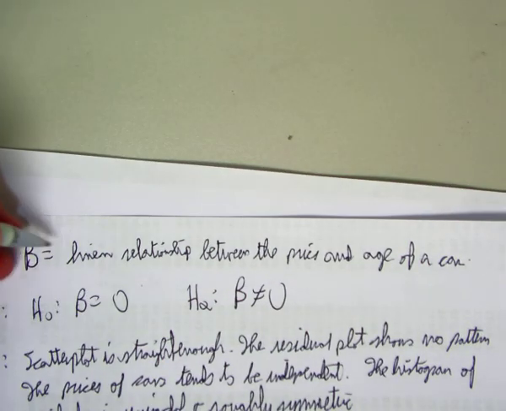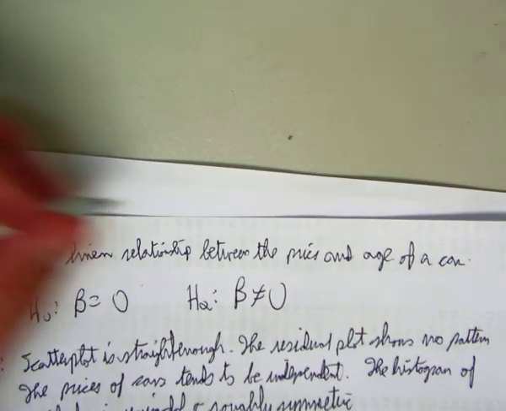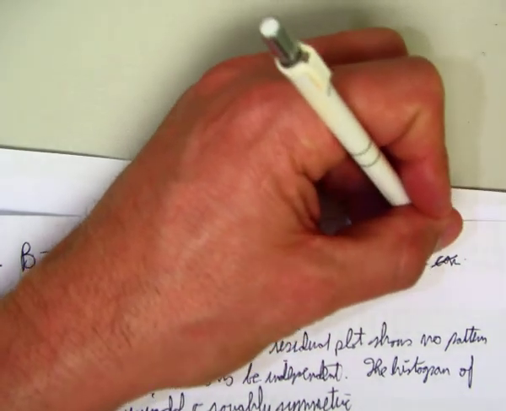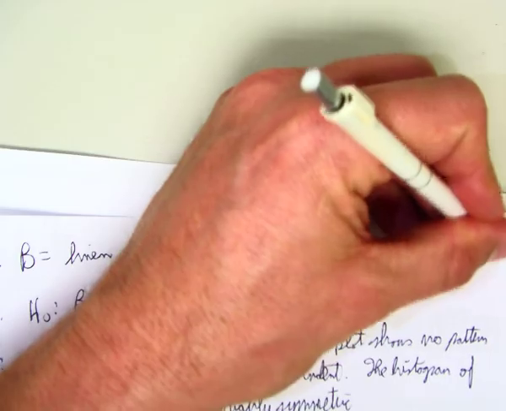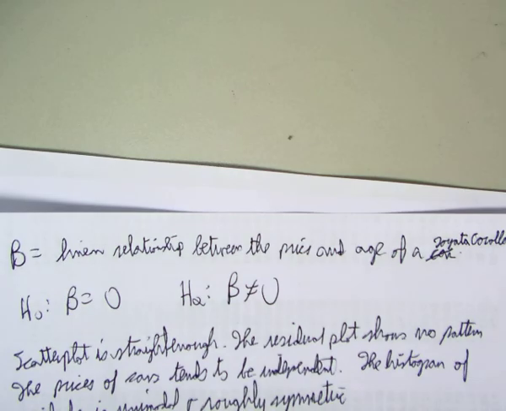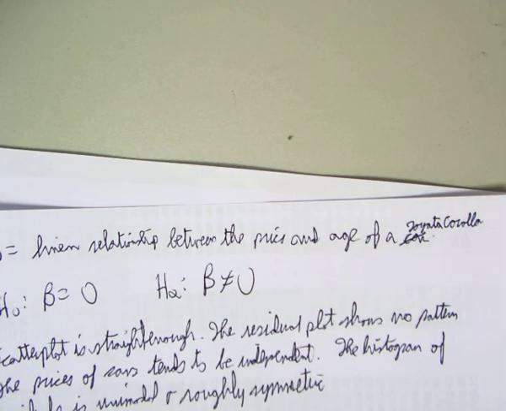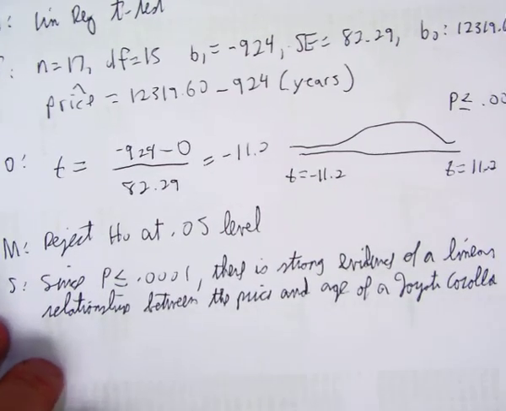And I should have changed this up here. This right here should be of a Toyota Corolla. It's not of just all cars. So when we talk about our parameter, B is about the linear relationship between the price and age of a Toyota Corolla.